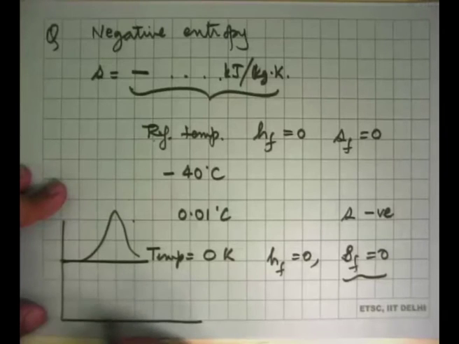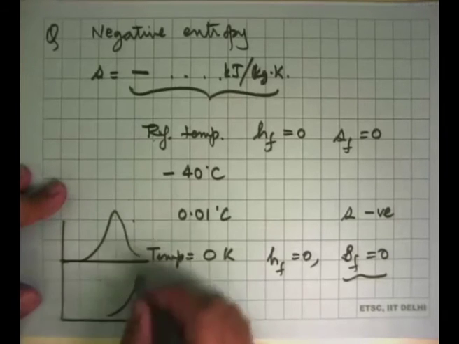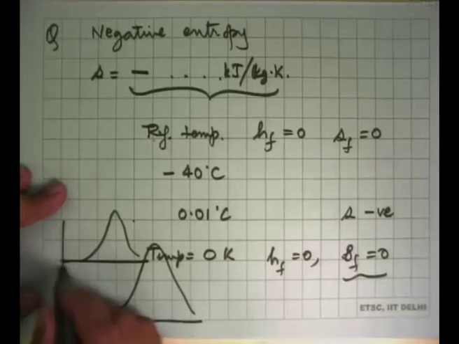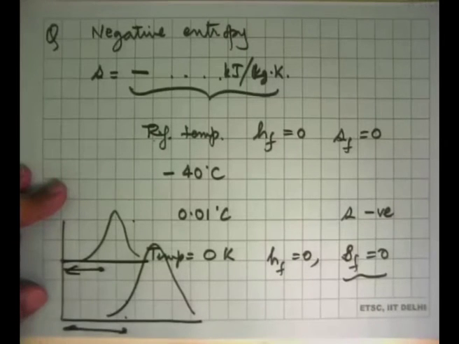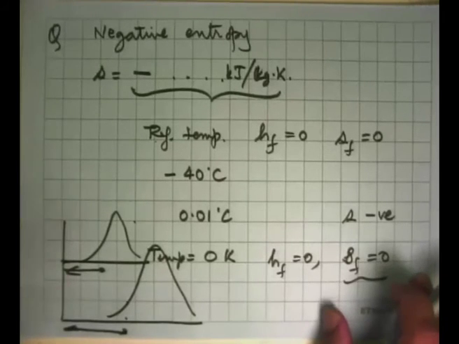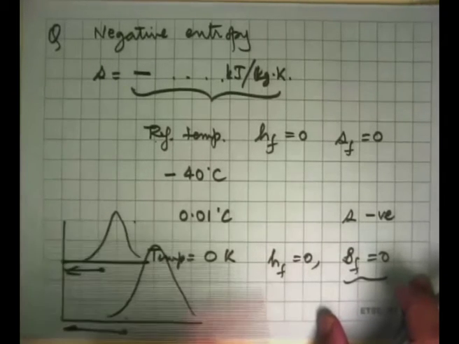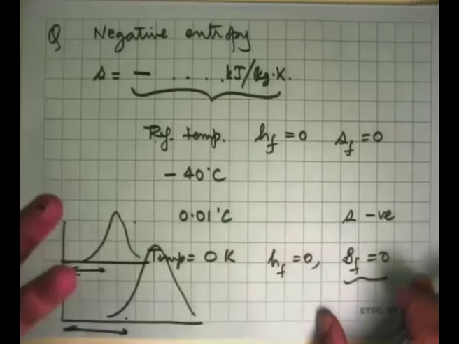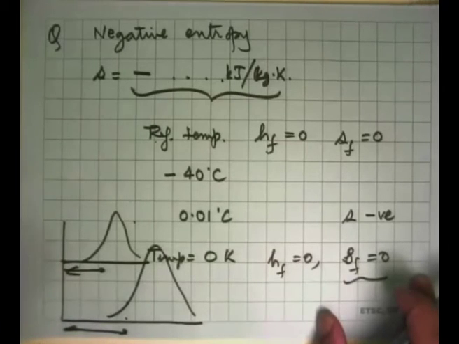Then if we shift the reference temperature, all of these will move here and all the values will be much larger than what we have been dealing with. So instead of values of a few hundred and a few thousand, which we get in most of the tables, we would end up getting values in tens of thousands for every state. So unnecessarily, every number will become very big. The answer will be the same at the end.